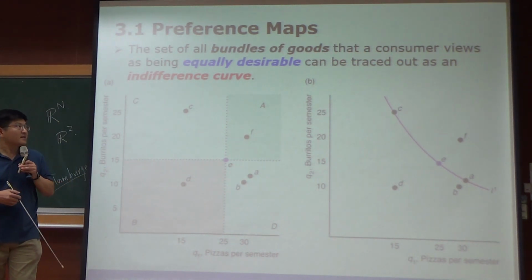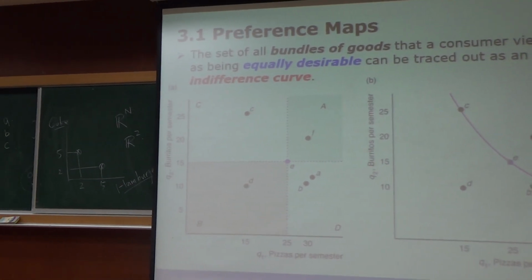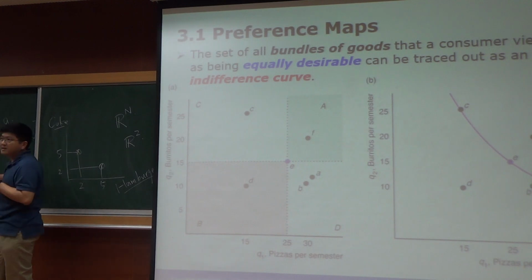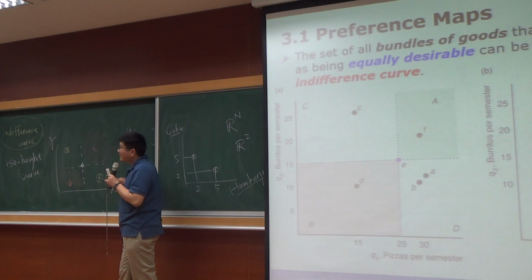And now we have the very good conclusion that the indifference curve must be negatively sloping. Negatively sloping, due to the property that more is better.